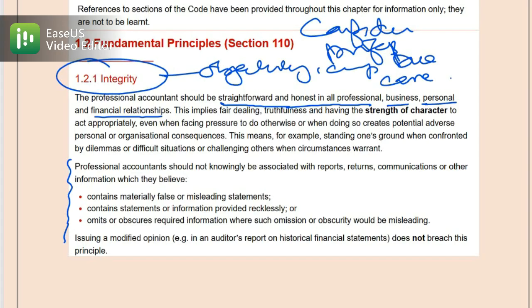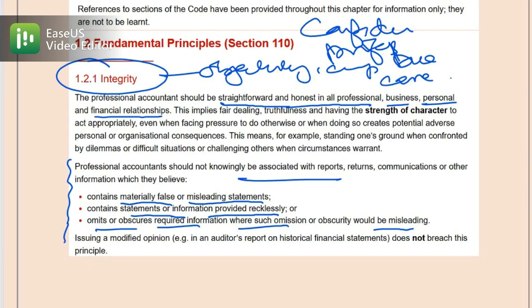Now here's the key test for integrity. It's about association. A professional accountant must not knowingly be associated with reports, returns, communications, or information that contain materially false or misleading statements, or statements or information provided recklessly, or omit or obscure required information where such omission or obscurity would be misleading.